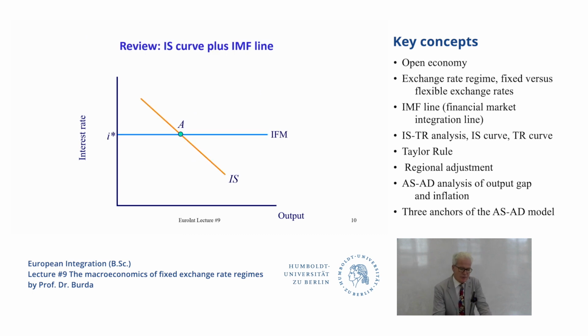So we interact those two curves together, and we see that the international financial market condition is the foreign interest rate, I star, the foreign rate of return that the market is presenting people in my country. If it's too high, I take my money and run. And if it's too low, people are rushing to get into my country and put short-term capital in my country. When I say capital, I'm talking about short-term bank assets.